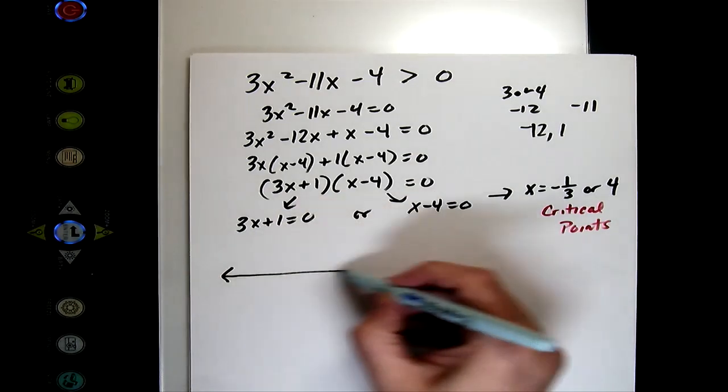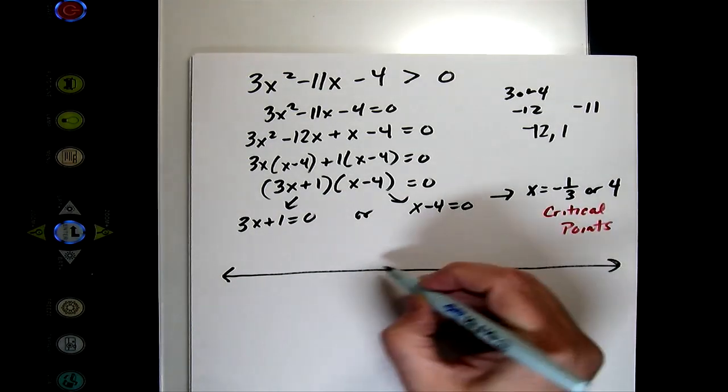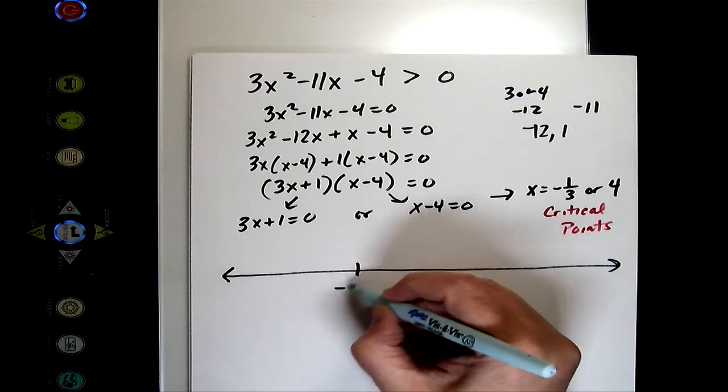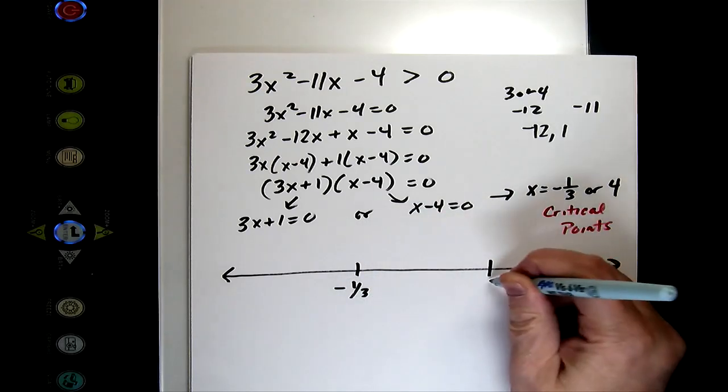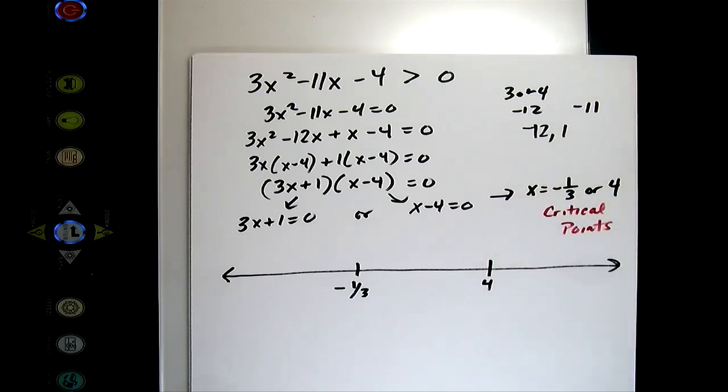Let's number line that. And you don't need to make it draw to scale. You just want to have regions, like 3 evenly spaced regions. You want to have them in the correct order, like the lower one on the left, the bigger one on the right, but other than that, you're good to go.